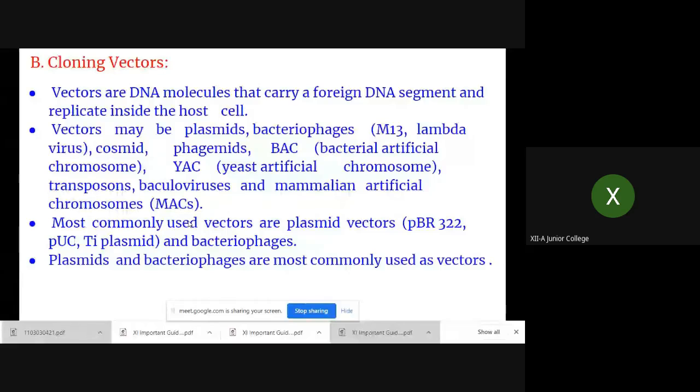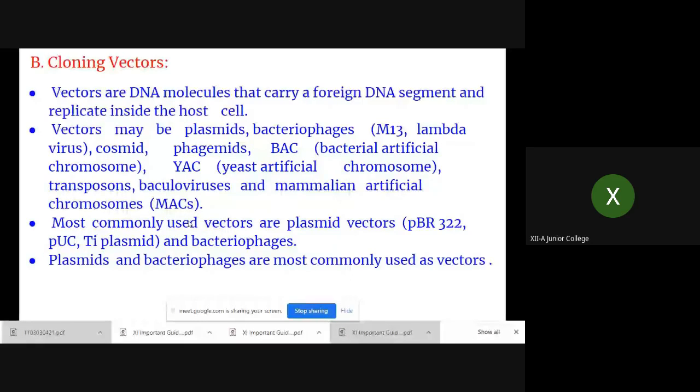This is one more important thing you have to remember in the case of vectors. Now what are these vectors? Vectors may be plasmids, bacteriophages like M13, lambda virus, then cosmids, phagemids, BAC, that means bacterial artificial chromosome, YAC, that means yeast artificial chromosome, then transposons, baculoviruses, mammalian artificial chromosomes called MACs, etc. You need not remember all this, but you should know that these are all used as vectors.